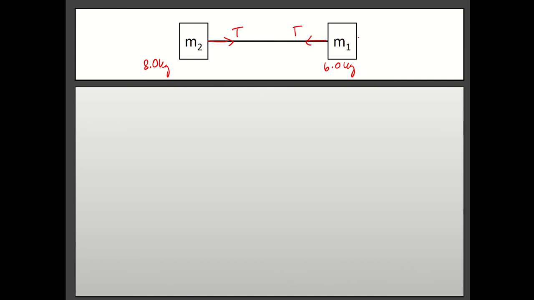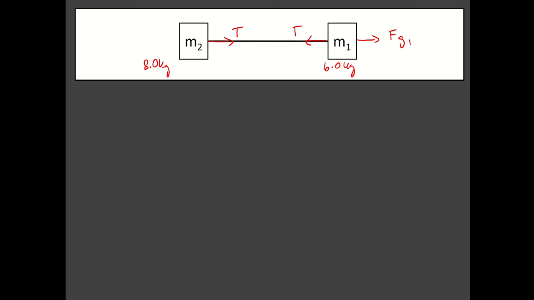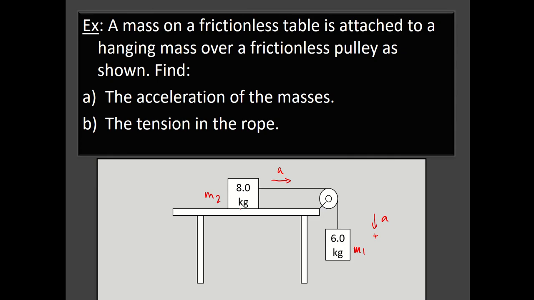Tension force, force of gravity, Fg1. On M2, we have gravity and normal force. Here's our Fg2, Fg1, tension force, and a normal force, Fn2.